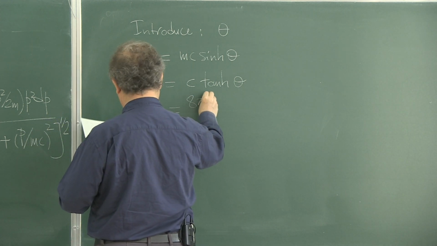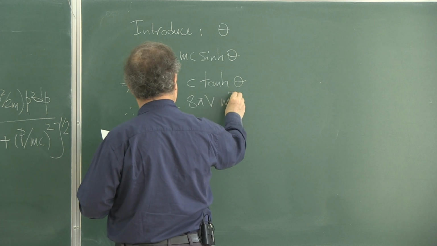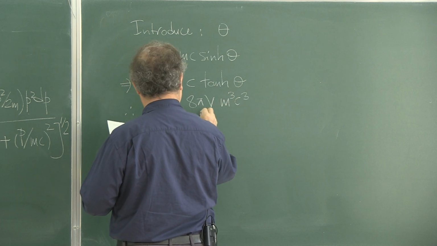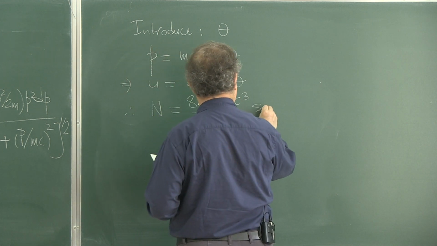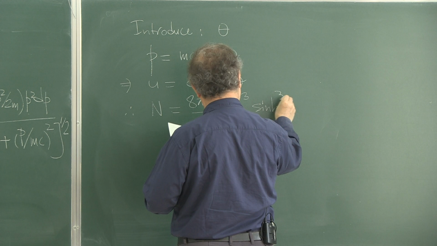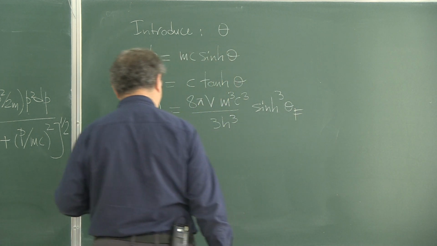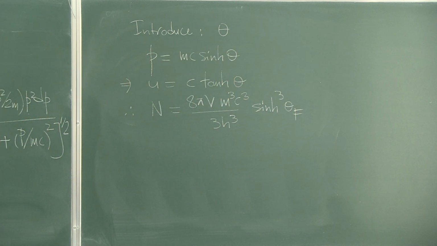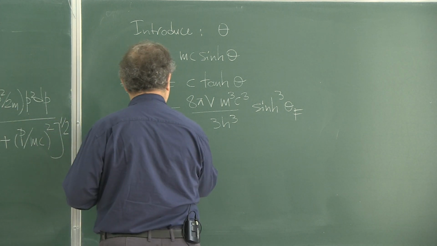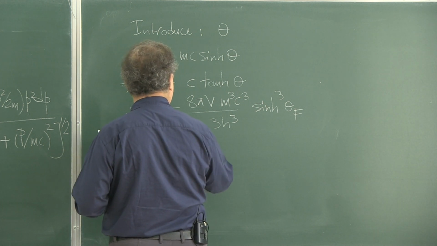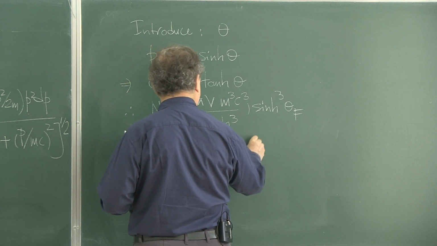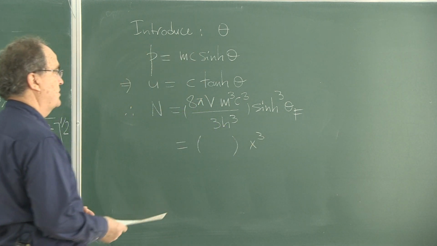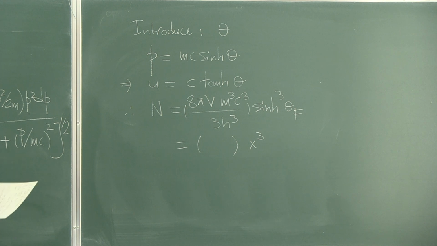8 pi V m cubed c cubed over 3h cubed, sinh cubed theta f. You can write this as this constant times x cubed, where sinh theta f is x.